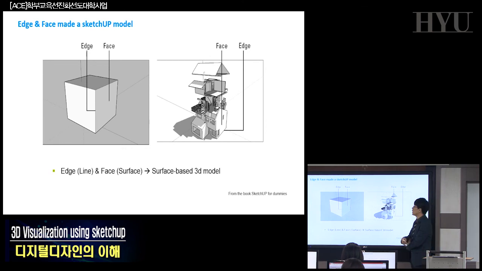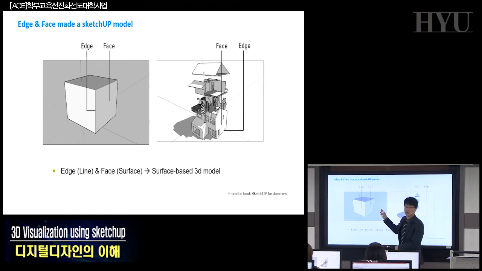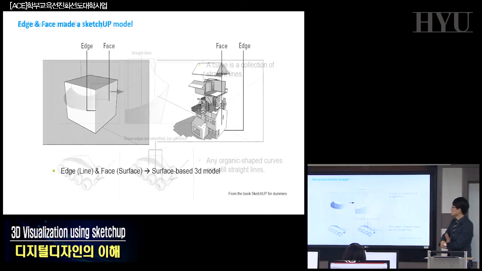That means you can control edges, you can control faces. If you push-pull this face, this cube size is going to shrink down or get bigger. If you rotate this edge, the box shape is going to be dramatically changed. We're going to take a look at this one in lab exercise hours.